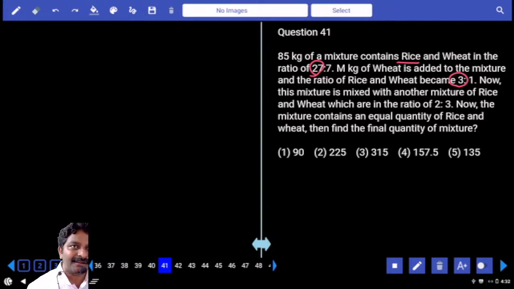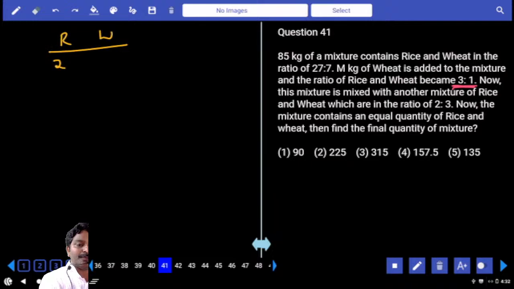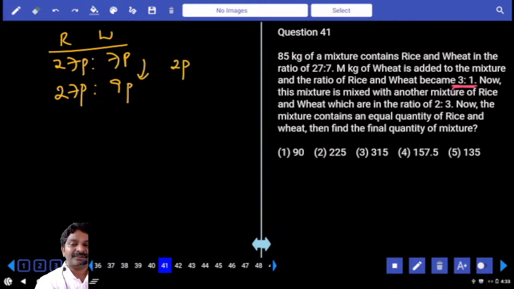Both should be the same, right? Let's multiply the second ratio 3:1 with 9, so that rice is 27:9. So how many parts of wheat is added? 2 parts, which is equal to M, right?